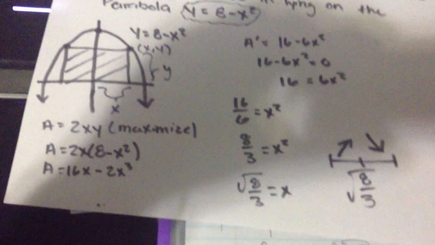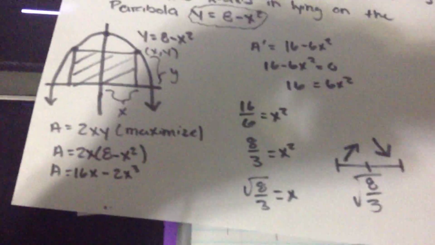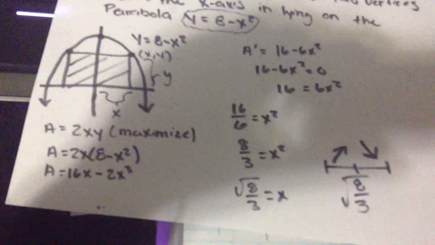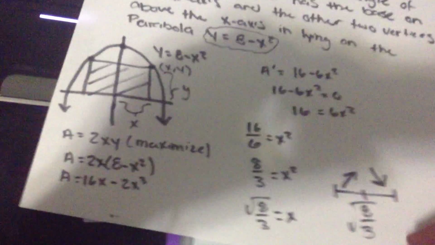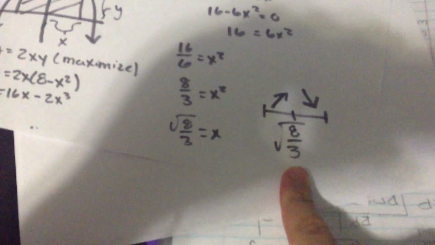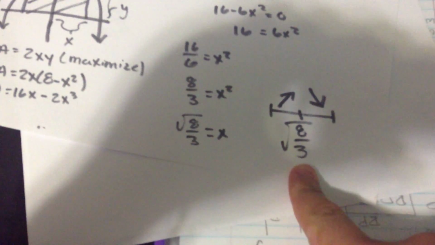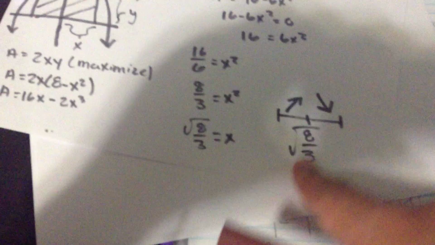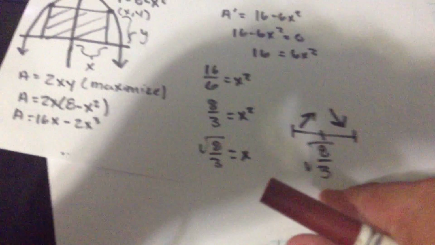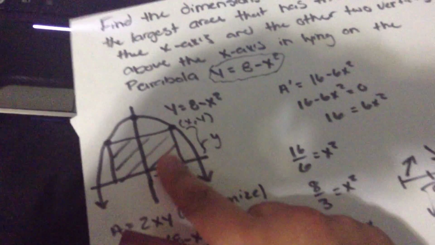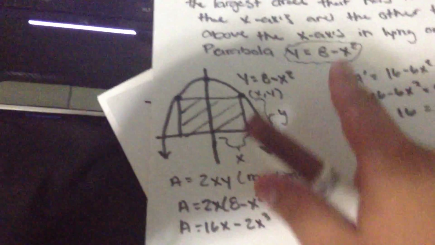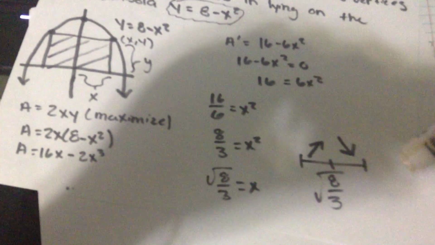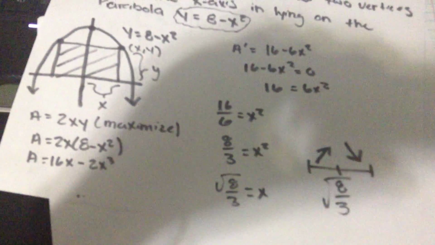So it kind of makes sense that we're going to get a positive number. So in a sense, this is the only critical number. So square root of 8 over 3. So this kind of has to be the maximum.